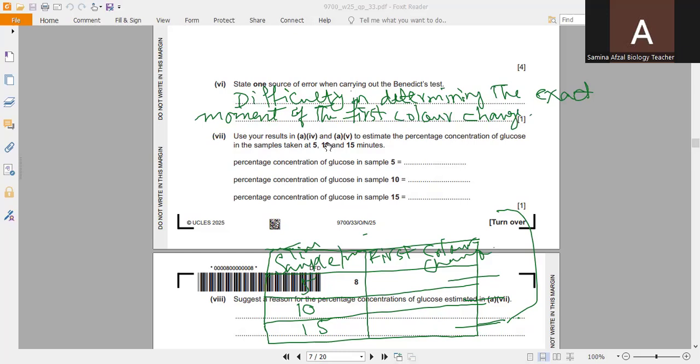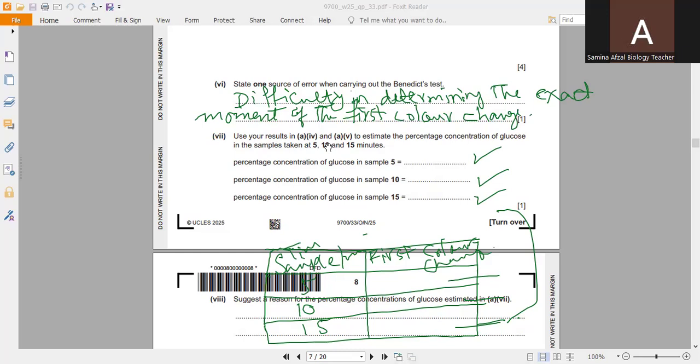Now you have to write the percentage concentration of all those results which you have taken in the previous steps. So you will write the correct percentage of the glucose solutions of these three different samples which you had taken.